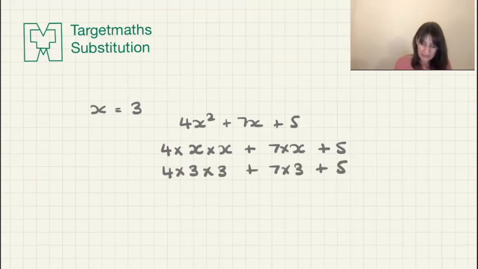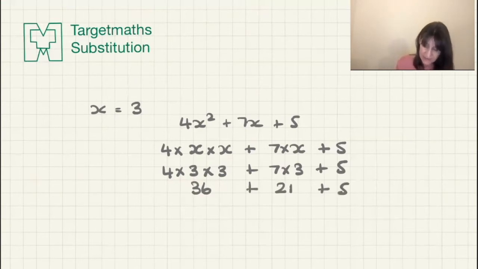Okay, I'm going to do 3 times 3 first, just because it's come from the x squared. It doesn't really matter because of the way I've written it. So 3 times 3 is 9, and 9 fours are 36. I'm going to add 7 times 3, which is 21, and I'm going to add 5.